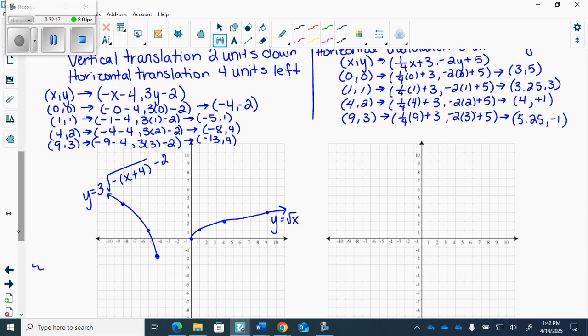So we get (3, 5). We get (3.25, 3). We get (4, 1). (5.25, -1). So it's down and to the right, which makes sense because I have a reflection in the x-axis. So instead of up and to the right, it's down and to the right.